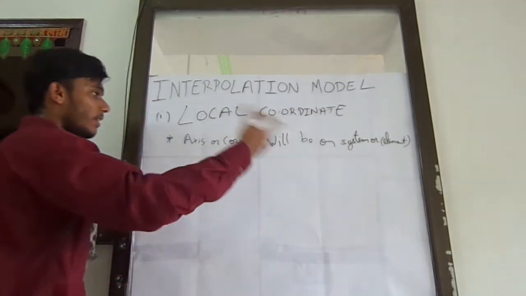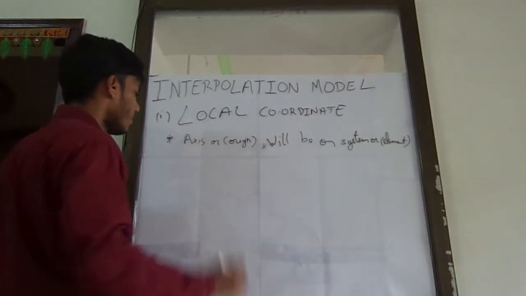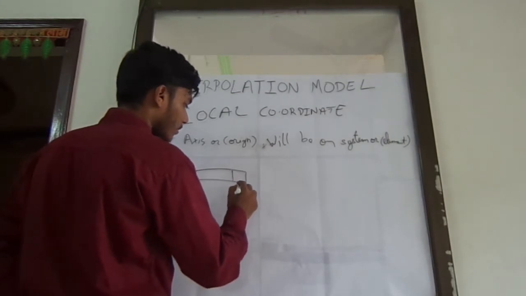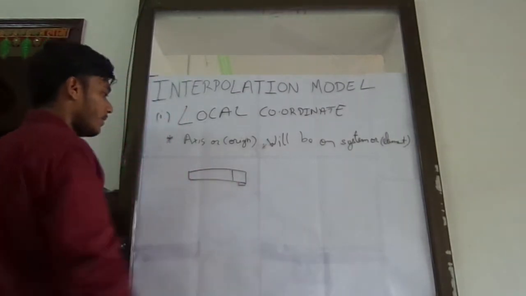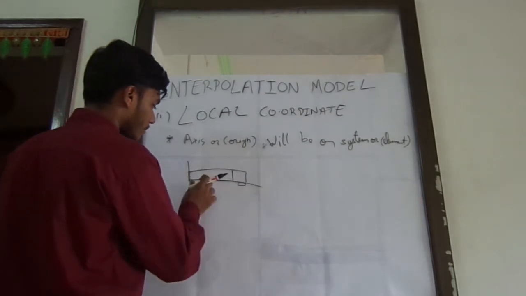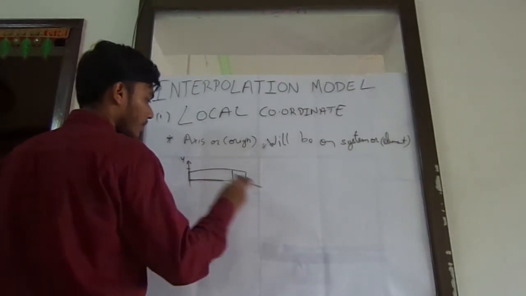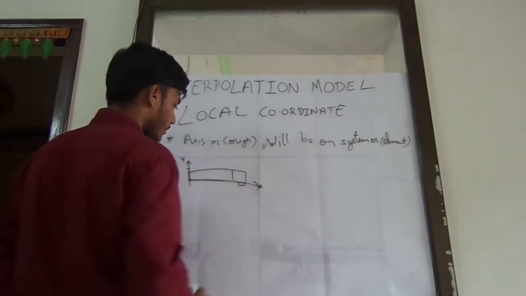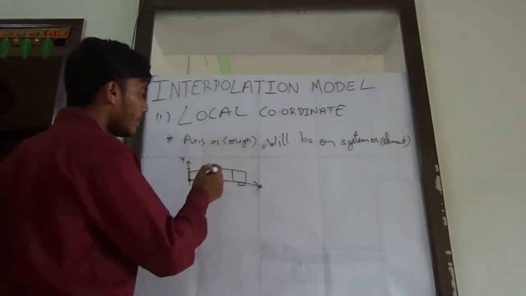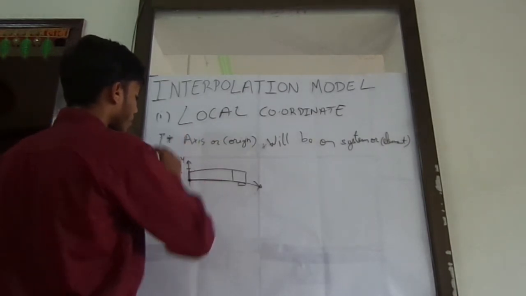We are studying elements, so that will be our system. If I am taking a pen, let's say this is a pen, and the axis is here, this is your y, this is your x axis, and this is your origin. So the origin is on the element, so it comes under local coordinate.